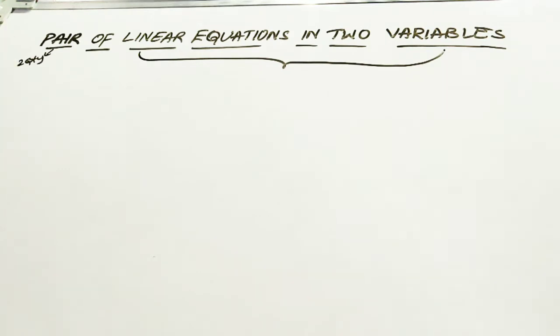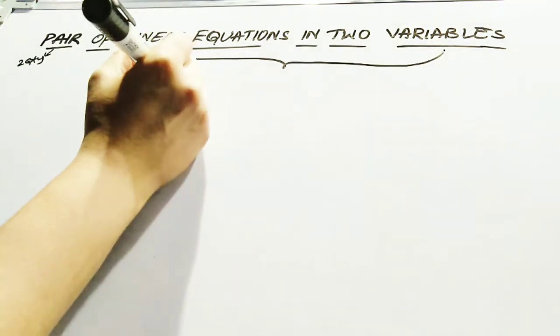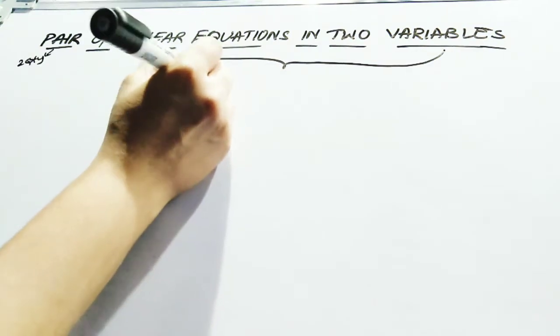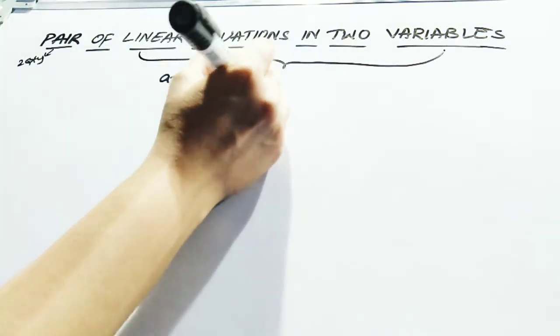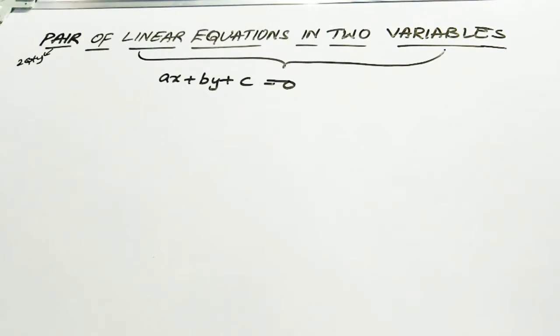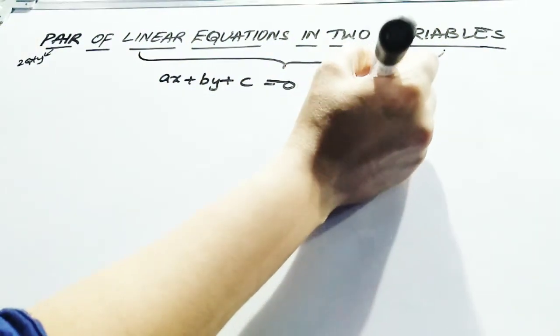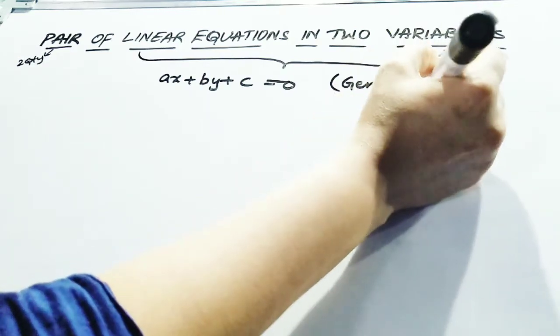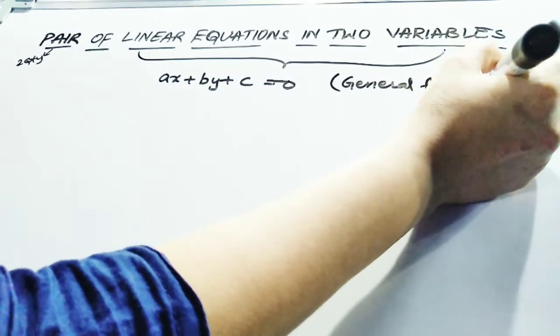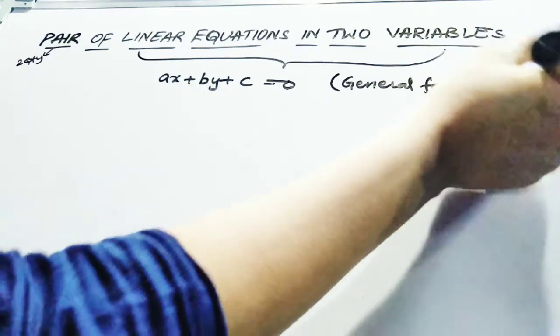What is the form of a linear equation? ax plus by plus c equal to 0. It is the general form of a linear equation in two variables.